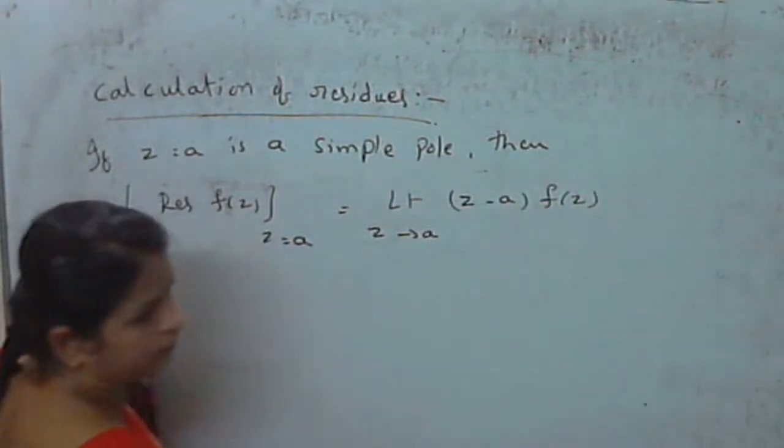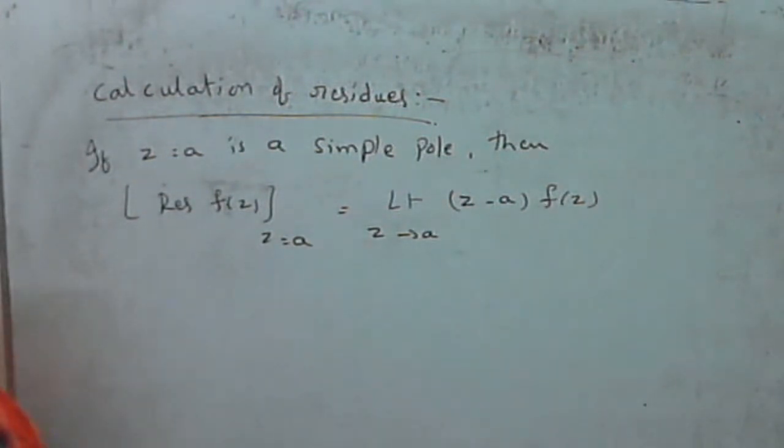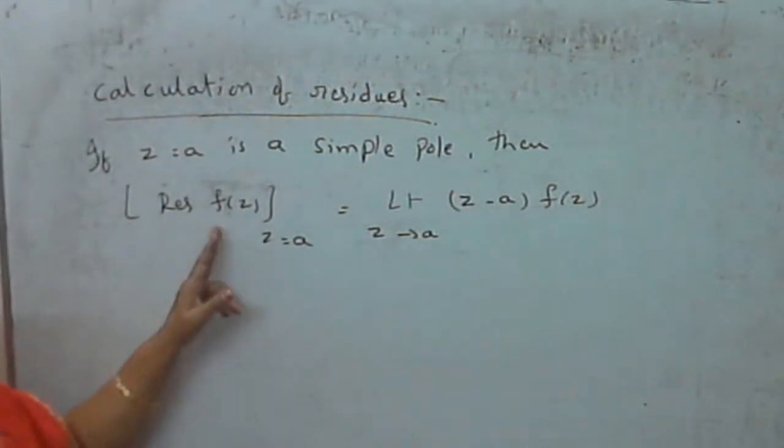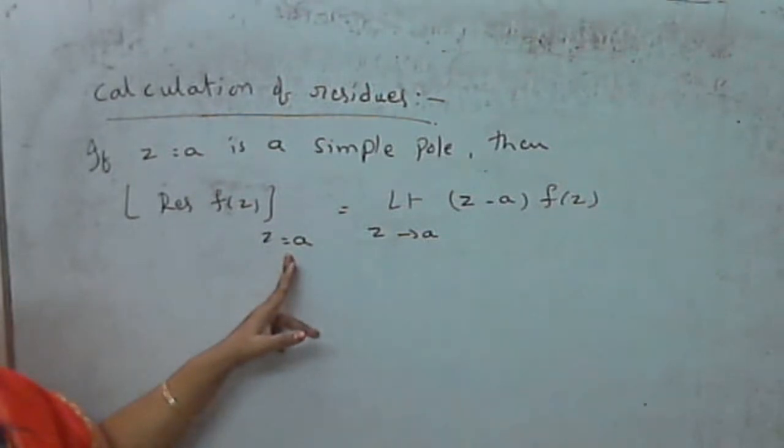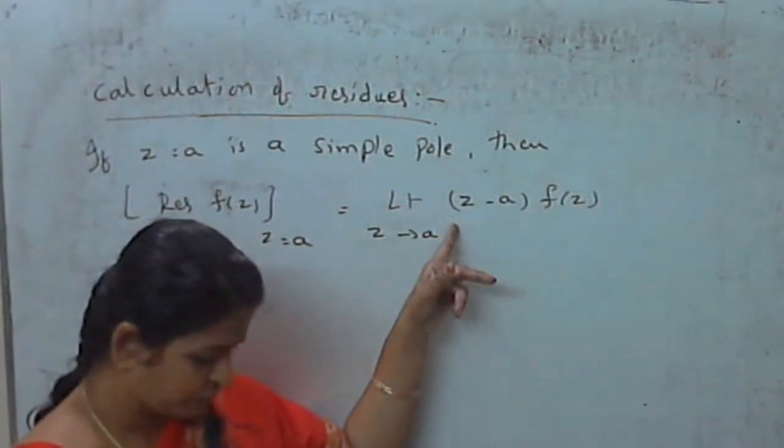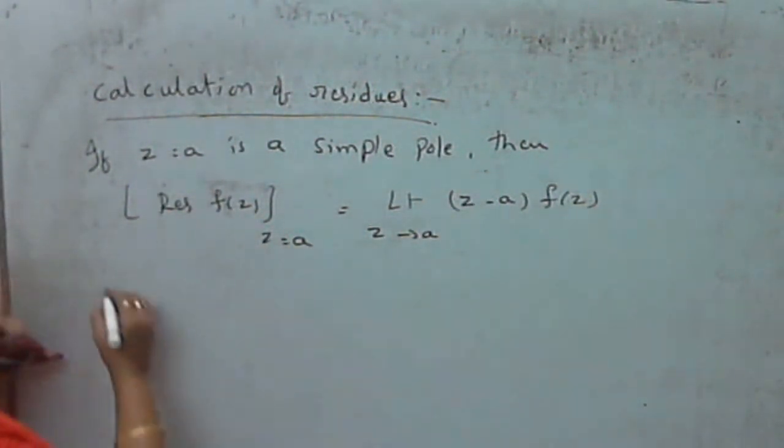So this is the formula to find the residue of f(z) at z equals a: limit z tends to a of (z minus a) into f(z).